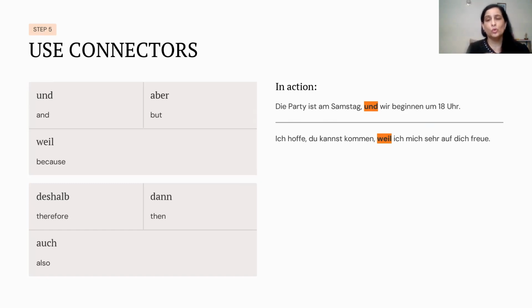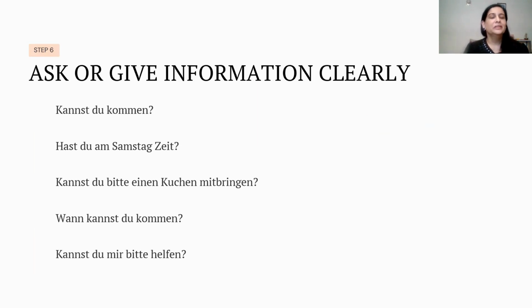Here you are using und, correct? Am Samstag und wir beginnen um 18 Uhr, at 6 p.m. Ich hoffe, du kannst kommen, weil ich mich sehr auf dich freue. So I hope you come to the party, and it is like you will be happy to see her at the party.